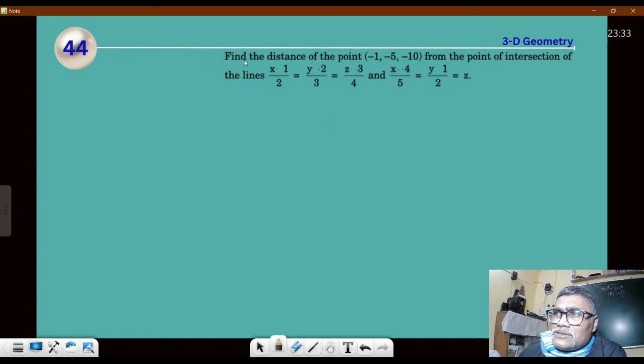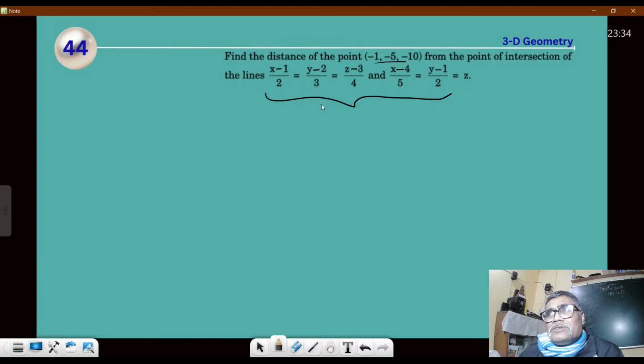find the distance of this point from the point of intersection of this. See, again, this is a good problem. Why am I saying good problem? These are minus signs. While removing the background, these are lost. This is also an integrated problem because first you have to find the point of intersection.